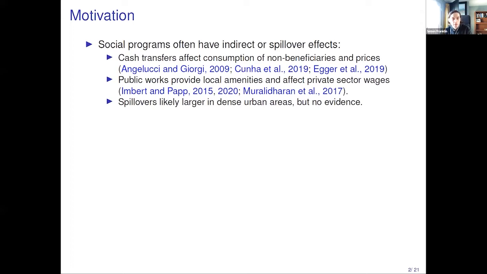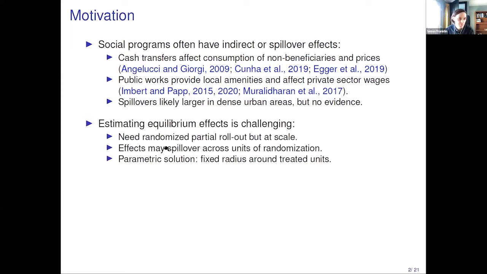Okay, and so we want to study those effects and get a sense of how large they are, but this is really challenging for the traditional reasons, right? Because to estimate anything, you need some randomized or naturally occurring variation, but you need to evaluate programs at scale if you want to evaluate these equilibrium effects.